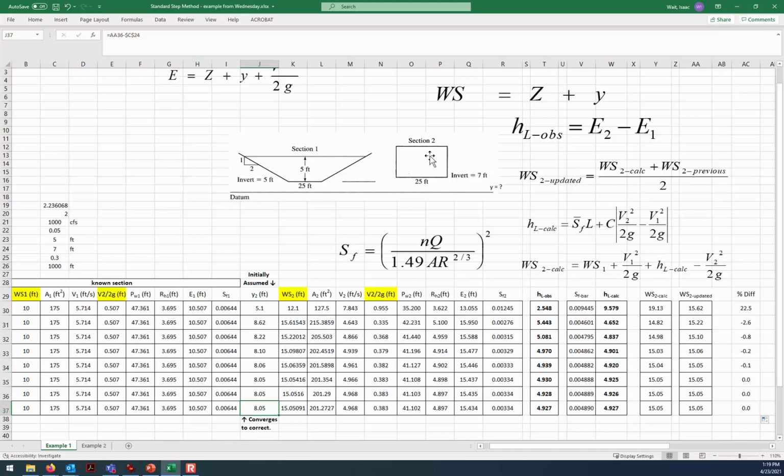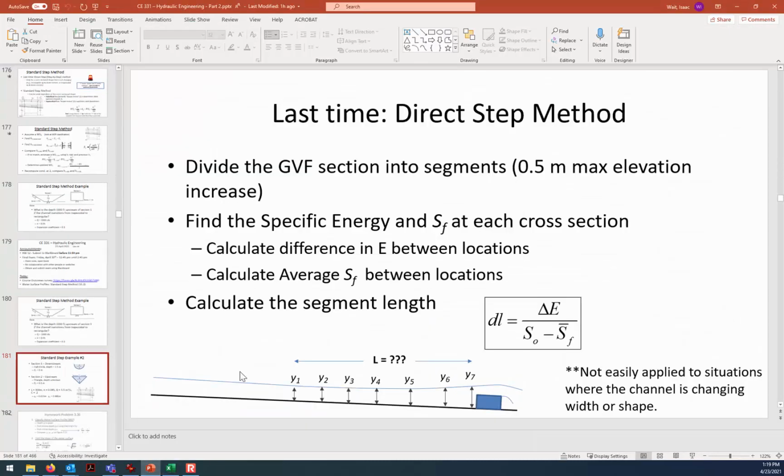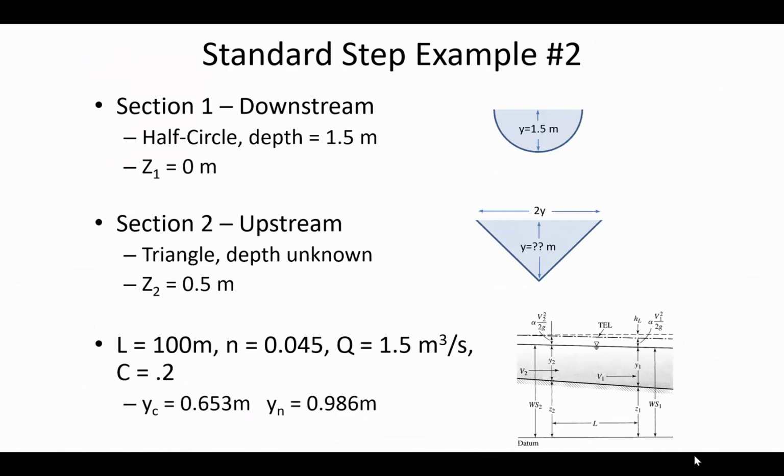Okay, as I promised, there's another one, just so we can get a little more practice with this method. In example 2, we are working with the following geometry. Downstream at section 1, we have a known depth, and section 2 is where we don't know the depth.